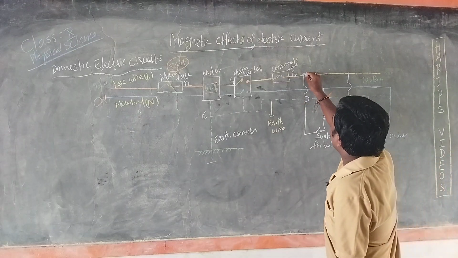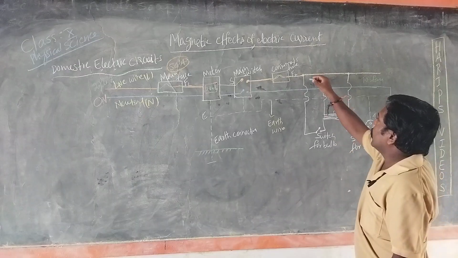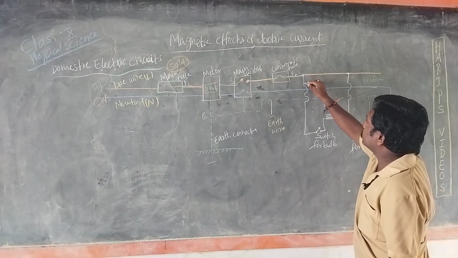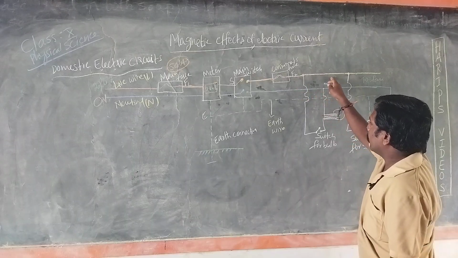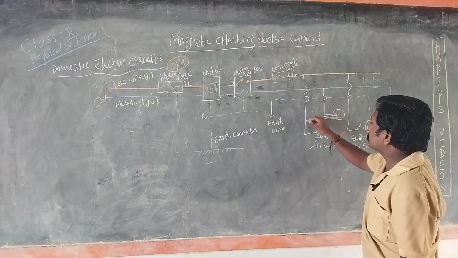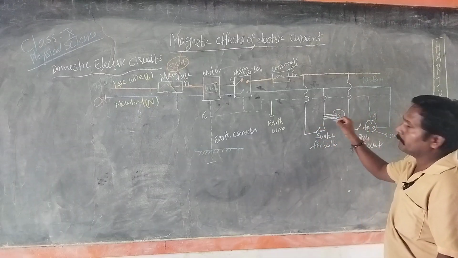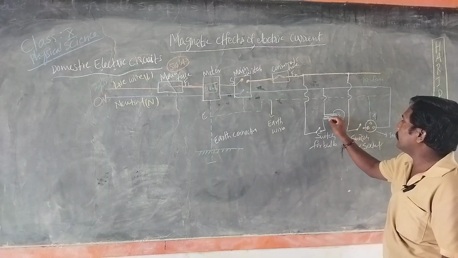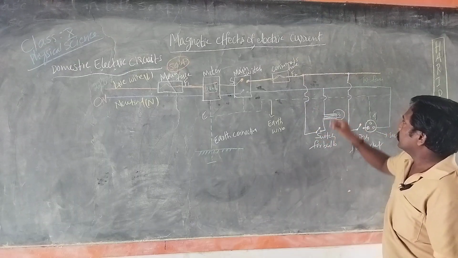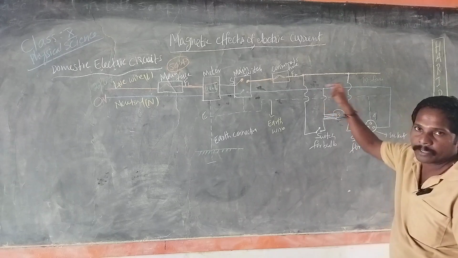Then to give the connection to the bulb, we take one wire from the live wire to the switch, and from the switch to the bulb. One end of the bulb is connected to the live wire, and the other end of the bulb is connected to the neutral wire.